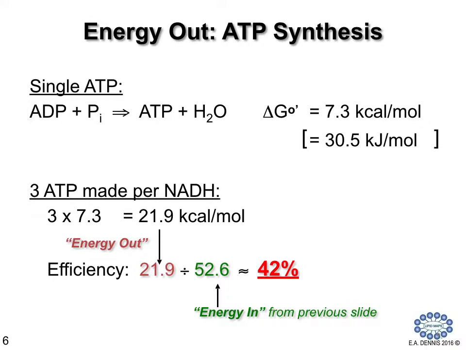Comparing that to the reaction on the previous slide suggests that the efficiency of the production of ATP from the energy generated is 42%. And this is typical for biological reactions of about a 40% yield of energy or efficiency. I've also noted the similar conversion with kilojoules if you're used to that nomenclature.